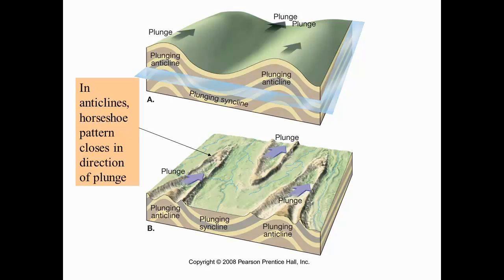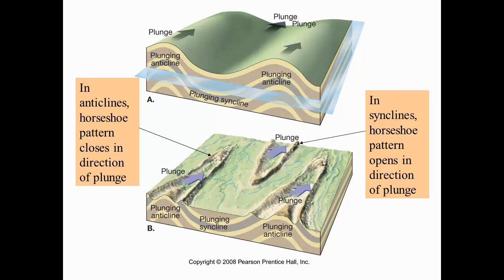Now, by definition, in the case of anticlines, notice that the horseshoe pattern closes in the direction of plunge, in this case in the direction that these purple arrows are pointing, whereas in the case of syncline, the horseshoe pattern opens up in the direction of plunge.